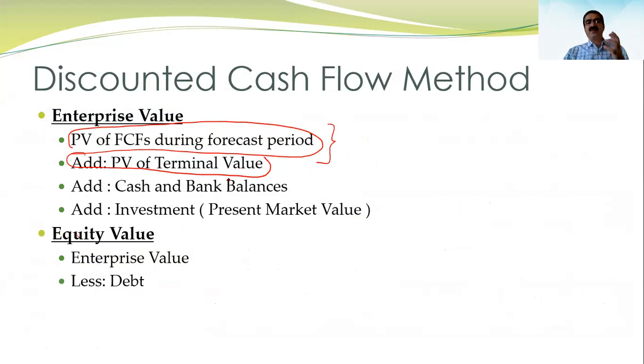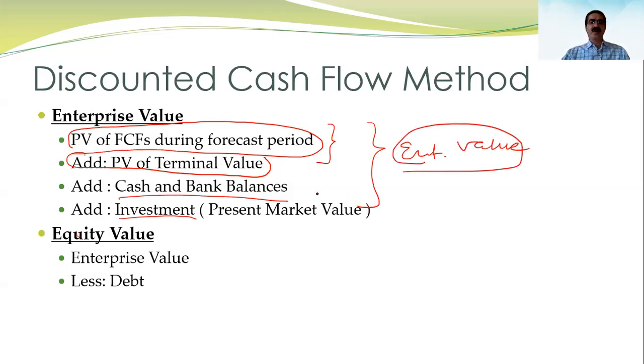Now if you want the enterprise value, there is no differentiation between the valuation of the firm and the enterprise. But if you have the cash balance and the investment in the balance sheet, you add that back. So you get the enterprise value. So whenever they ask for the enterprise value, it is nothing but the firm value. And from this enterprise value, you reduce the debt. So this will give you the valuation from the equity shareholder perspective.